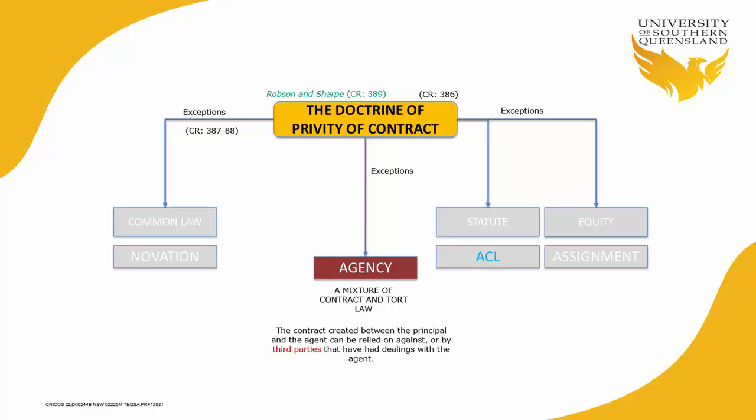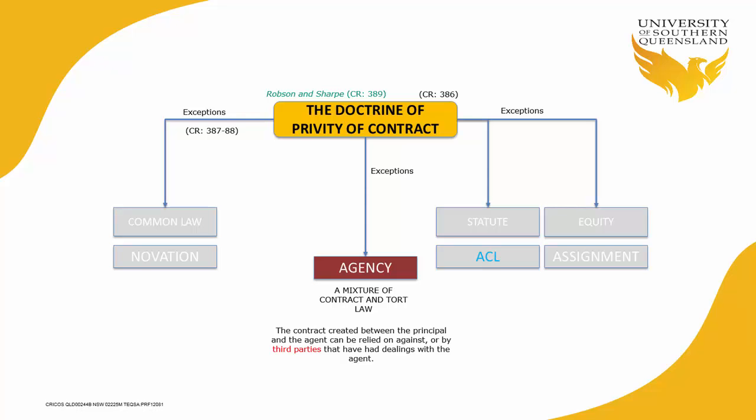Our first learning objective starts from the introduction to agency and the idea that agency is a contract that's created between the principal and his or her agent. And this contract can be relied on against or by third parties. The contract between the principal and the agent could be used against third parties that are not actually part of this contract.